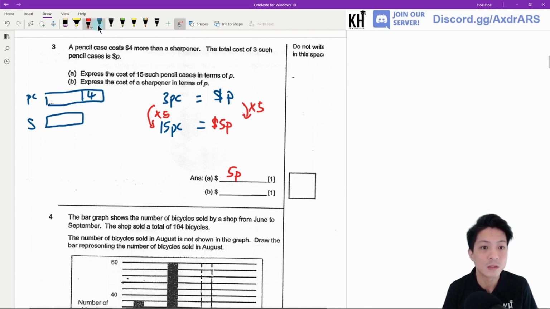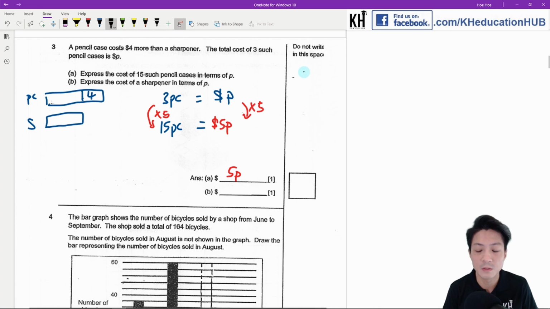3 pencil cases is equal to P dollars, which means that I'm gonna write the working over here. 1 pencil case is equal to P dollars over 3.